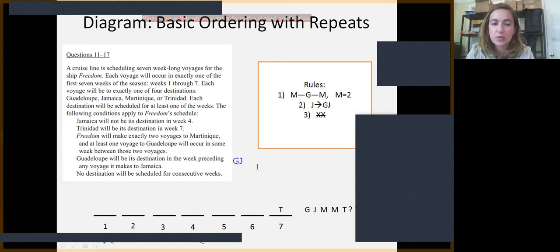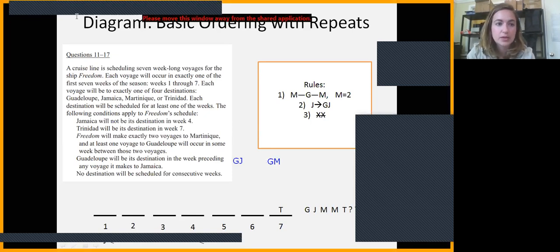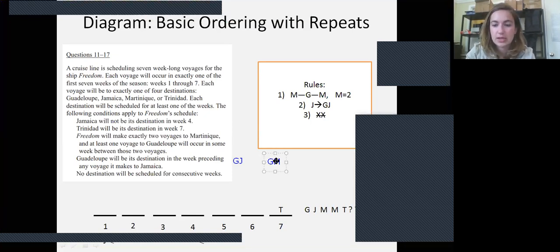But this is a rule that is triggered by Jamaica, right? So I could have a G followed by another letter like M maybe, and that would be okay. What wouldn't be okay is if I have a J and the J is preceded by another letter besides G.